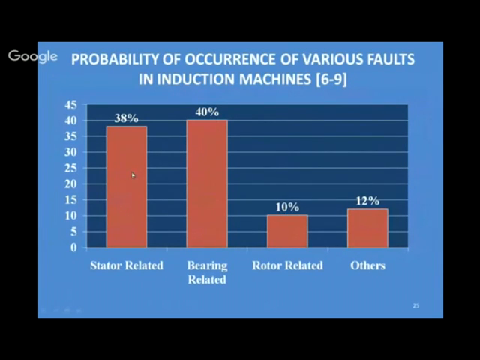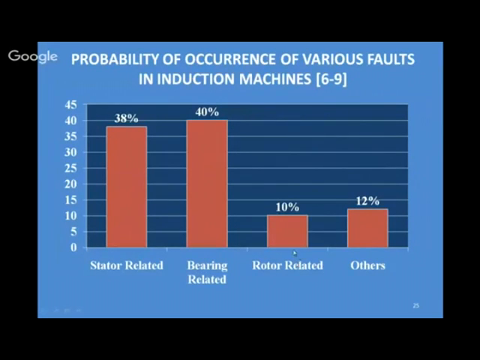Over time the various agencies have conducted surveys and they have found that the stator related faults are around 38 to 40%. Then we have bearing faults which are maximum in occurrence, approximately 40%.